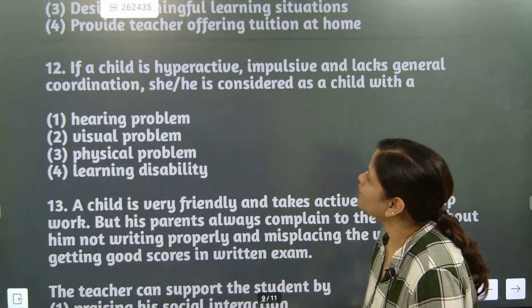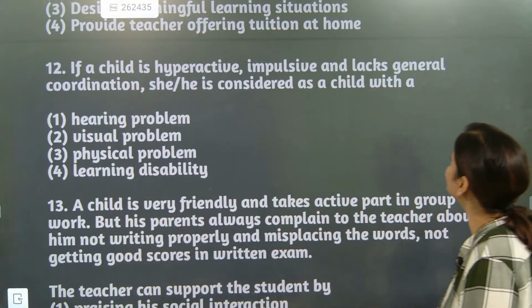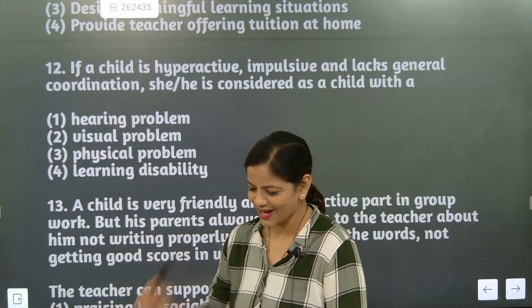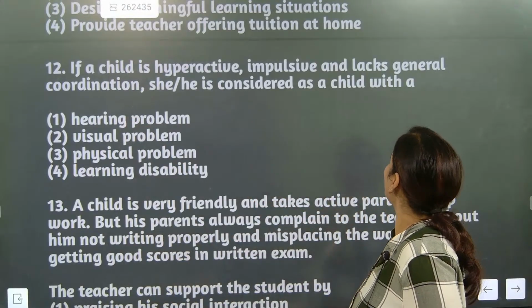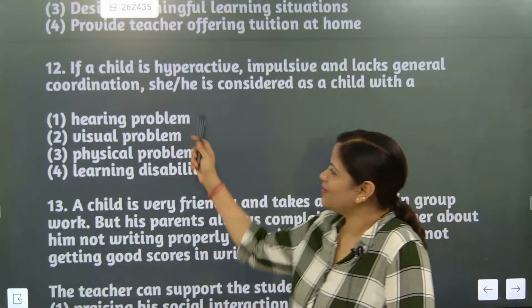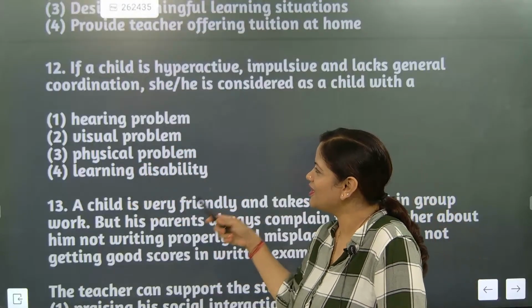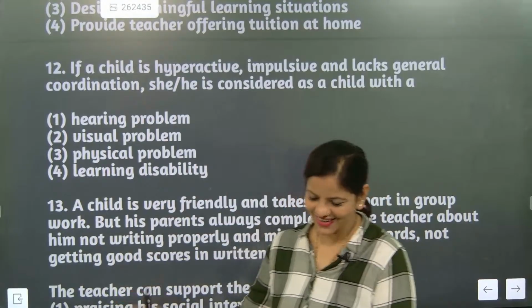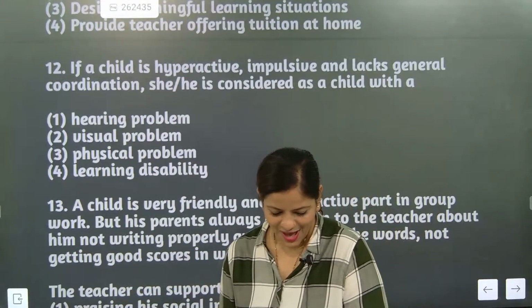Now look here. If a child is hyperactive, impulsive, and lacks general coordination, he or she is considered as a child with hearing problem, visual and physical problem, or learning disability. I'm hyperactive, I'm impulsive, I lack general coordination. Ruchi, just kidding. Tell me what I am suffering from.